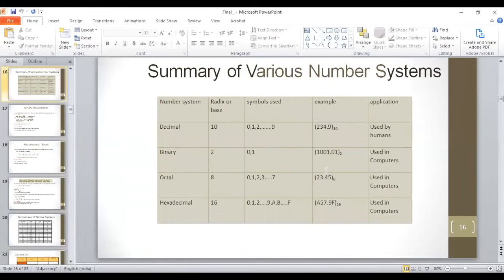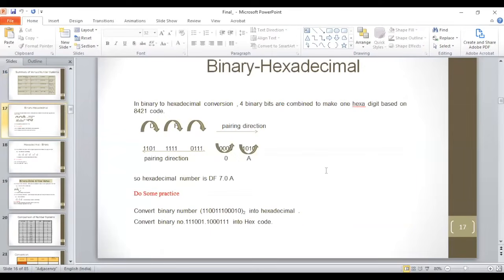So in summary, when I talk about decimal numbers, we are talking about 0 to 9 used by humans, as I have told you. And other number systems are being used by the computer itself, and the language of the computer is nothing but hexadecimal. Right? This is binary to hexadecimal. You can see we are having groups of bits.